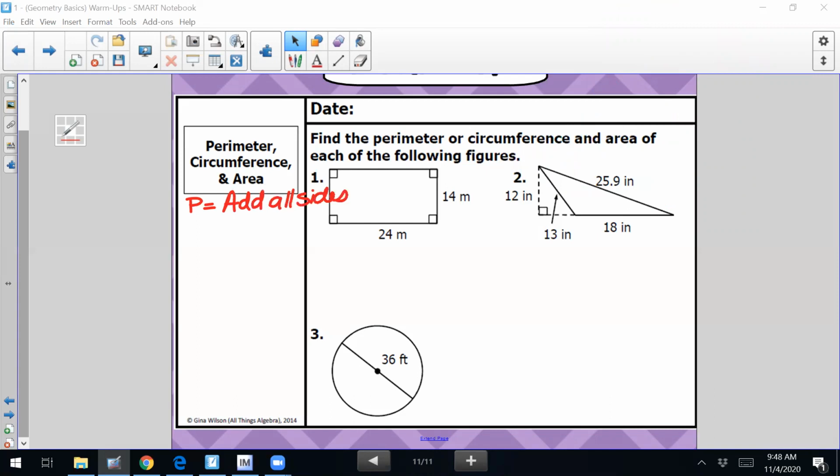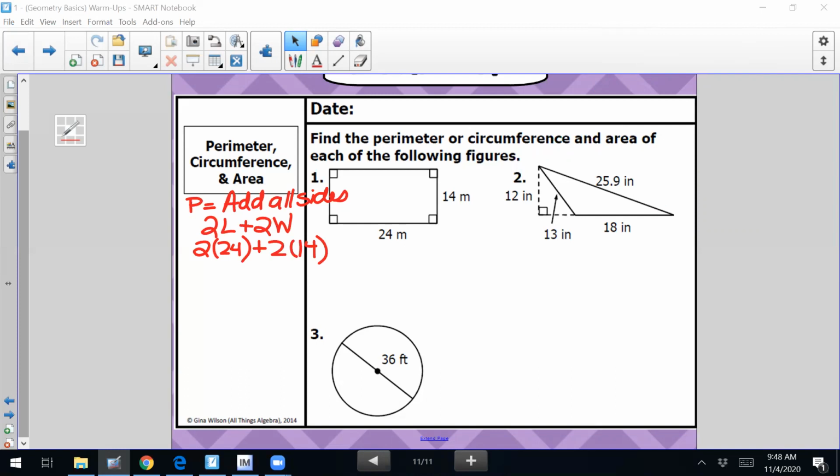There is a fancy formula you can use: 2 length plus 2 width. Any of those ways is fine. If you do 2 times 24, that's the same thing as adding 24 plus 24. And 2 times 14 is the same thing as 14 plus 14.